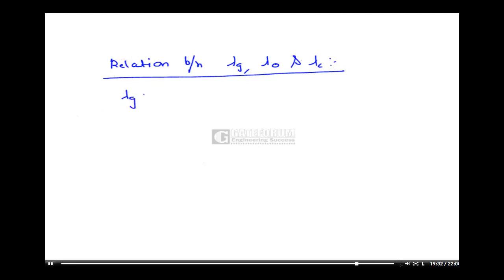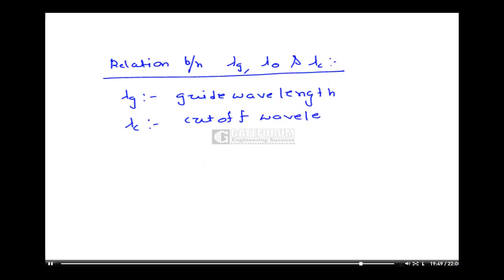Here lambda g is guide wavelength, lambda c is cutoff wavelength, and lambda naught is free space wavelength.